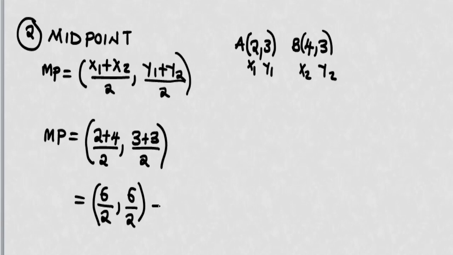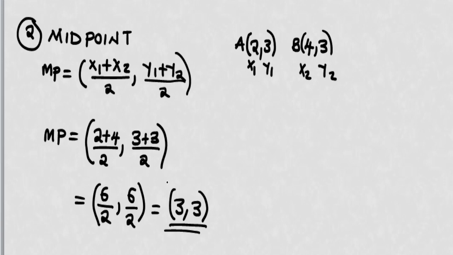Finally, 6 divided by 2 is 3, and 6 divided by 2 is 3. Therefore the midpoint for the line AB is (3, 3). That is how you can find midpoint.